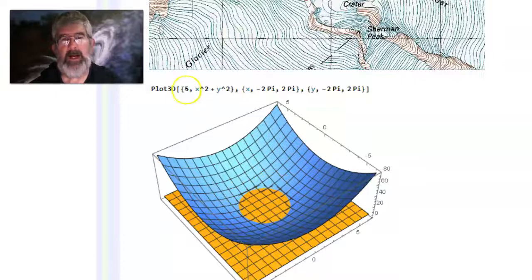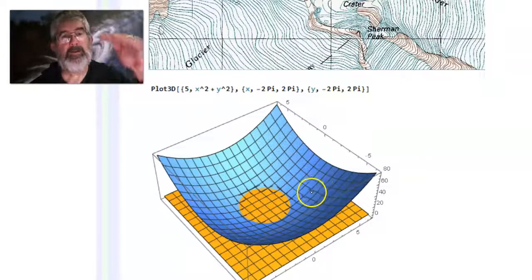I could change the 5 to a 6 and it would move the plane up a little bit and it would be a slightly bigger circle. Each different elevation I give, I would slice this thing in a different plane. This is all z equals a constant. The level curves correspond to the altitude, the z value equaling some constant. And in this case, they're always circles.